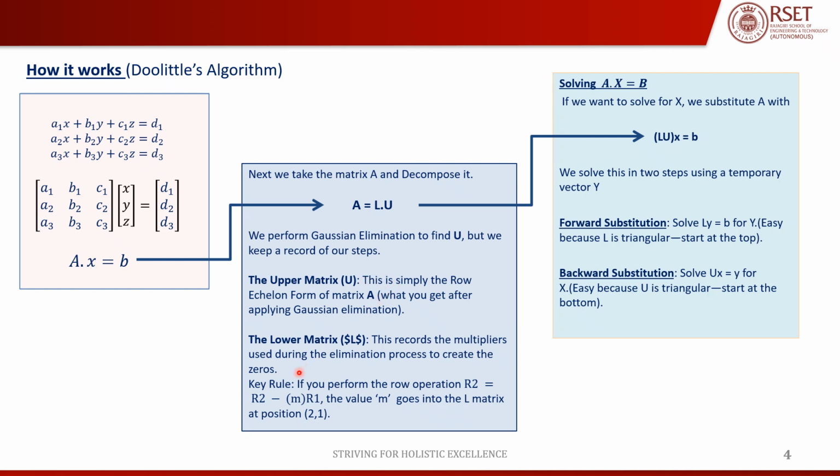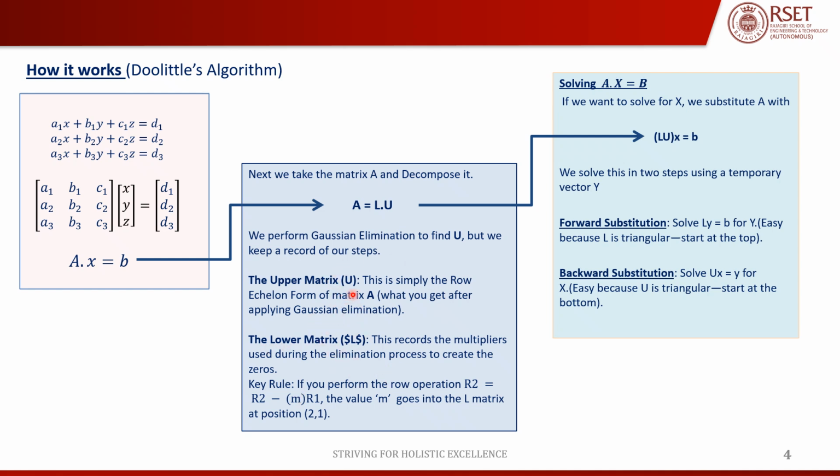If we change row 2 to R2 minus M into R1, using that row operation, this M we take and write at the 2-1 position, that is, second row, first column of the lower matrix will be this M. By doing a problem, you will understand the process, but here you just understand the way we are doing it.